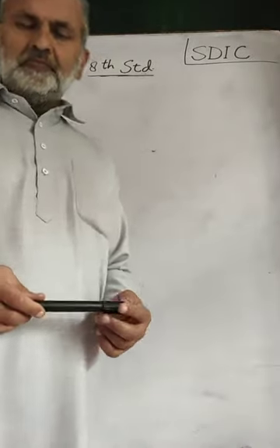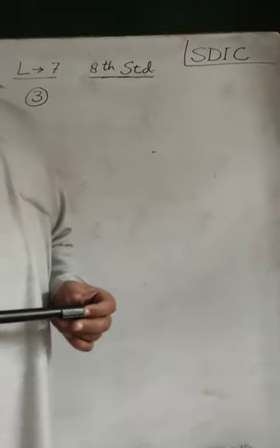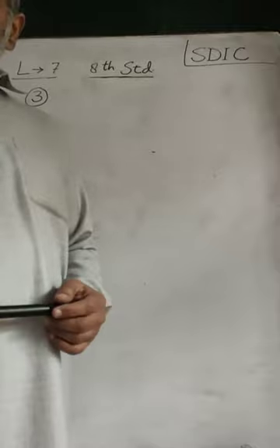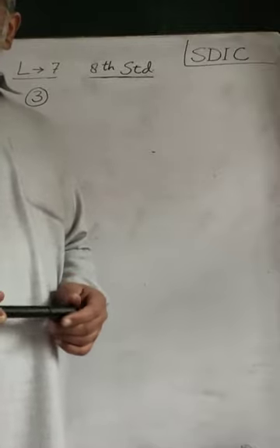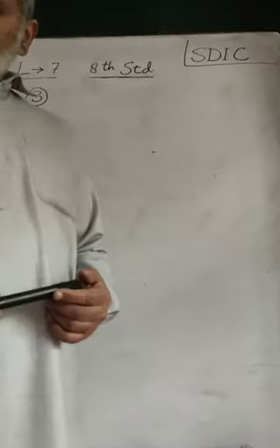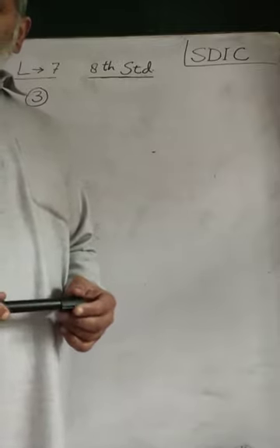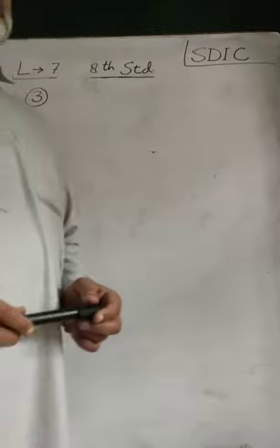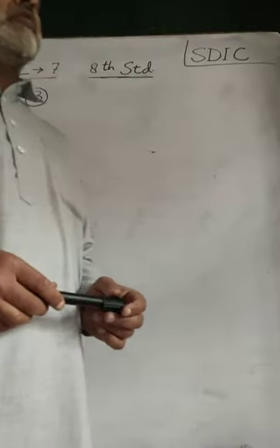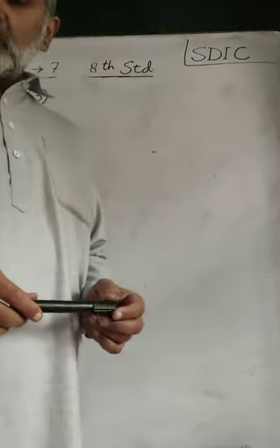Yes, children, in the previous video that was sent to you, we solved the first and second question of the third exercise of this chapter, Algebraic Expressions and Identities.